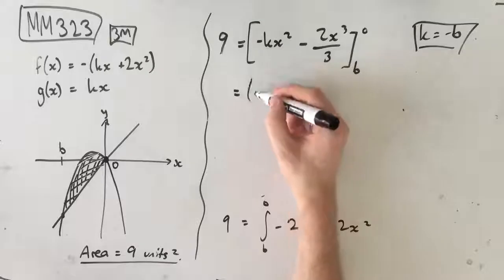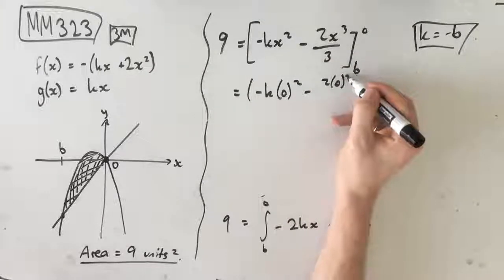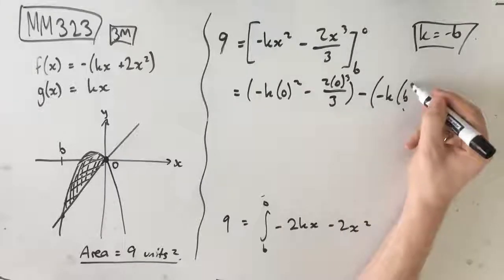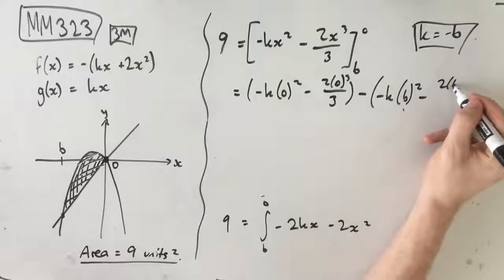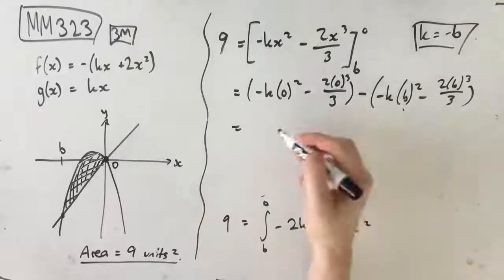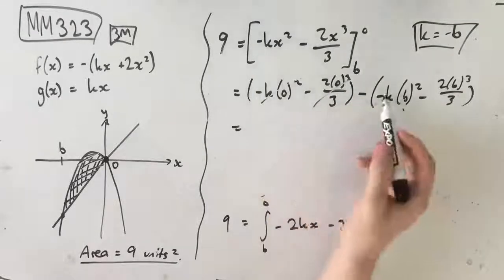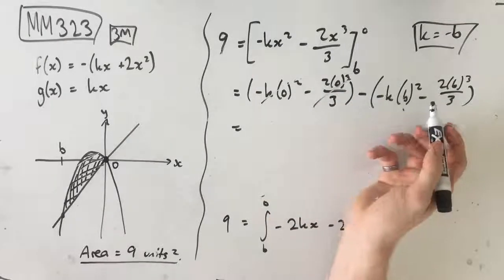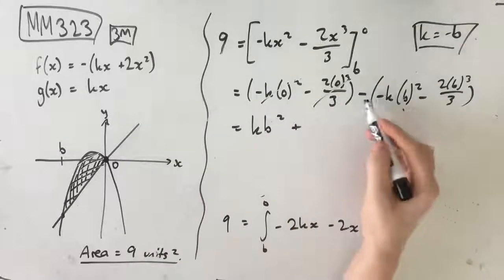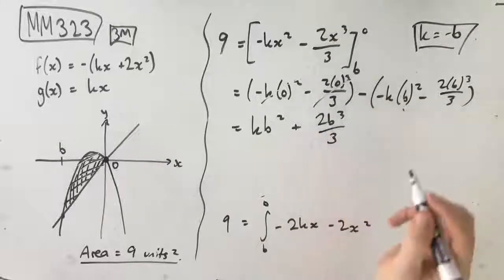So we get negative k times 0 squared take 2, 0 cubed over 3, minus negative k b squared minus 2 b cubed over 3. Sweet. Now, these zeros just cancel. They're just zeros, so they become 0. Now negative kb squared is kb squared. And then negative is plus 2b cubed over 3.